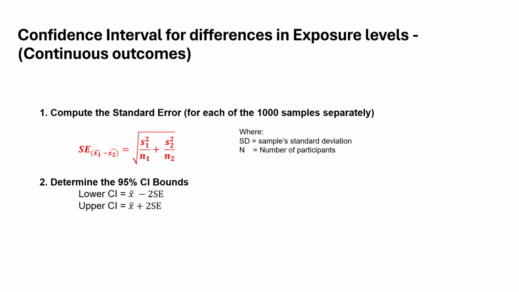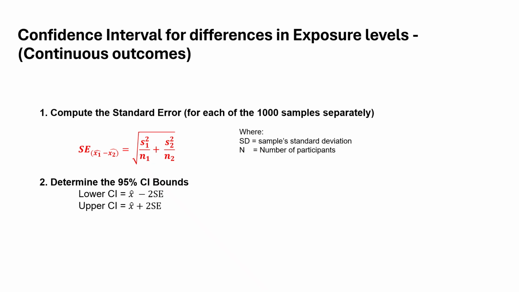The only difference is that the formula to calculate standard errors is now slightly different, because if there are two populations, we have to factor in the standard deviation of both populations.